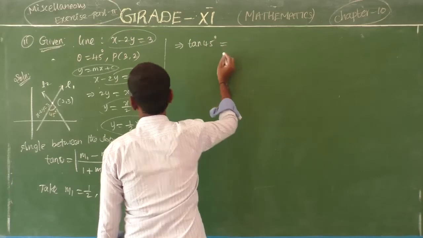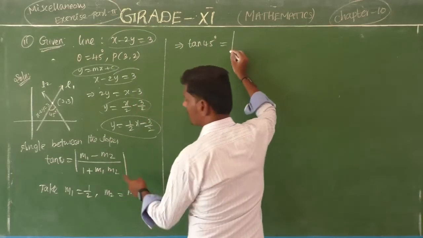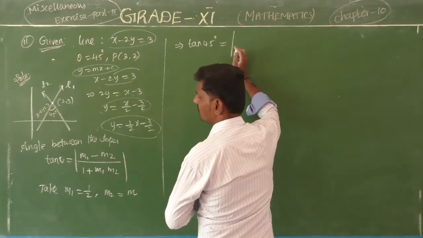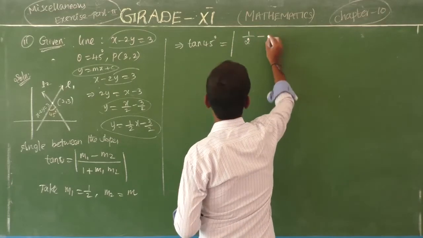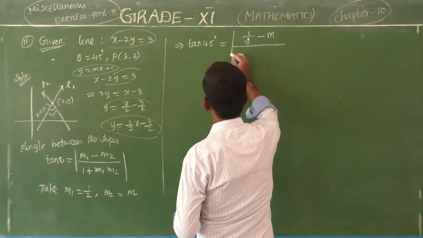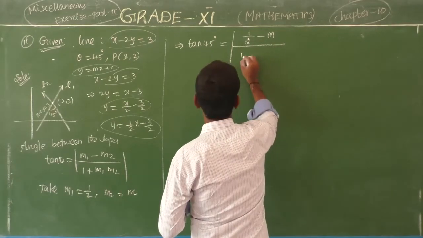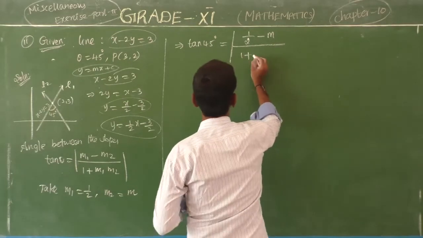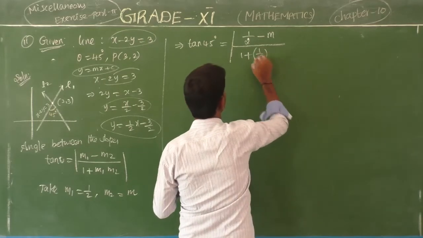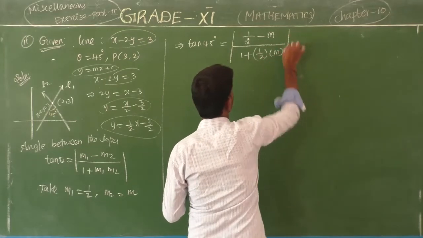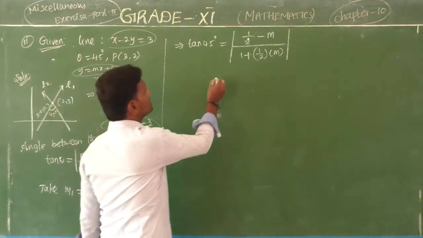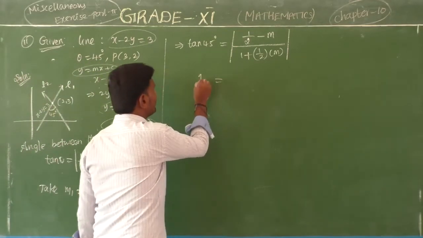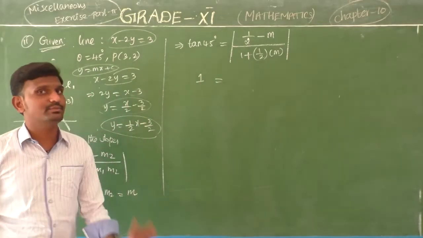Tan 45 is equal to the modulus of m1 minus m2, m1 is 1 by 2 minus m2 is m, whole divided by 1 plus m1 m2, m1 is 1 by 2 into m. Okay, students, now I am taking a cross multiplication, and before that, tan 45, you know the value is 1.